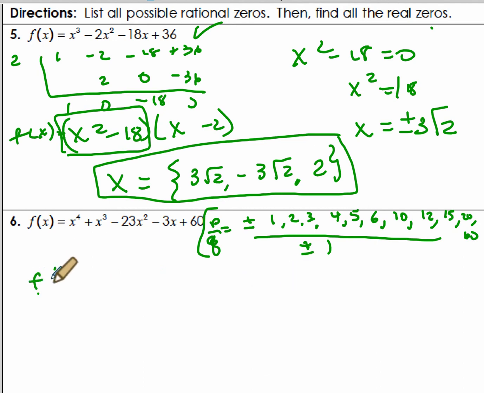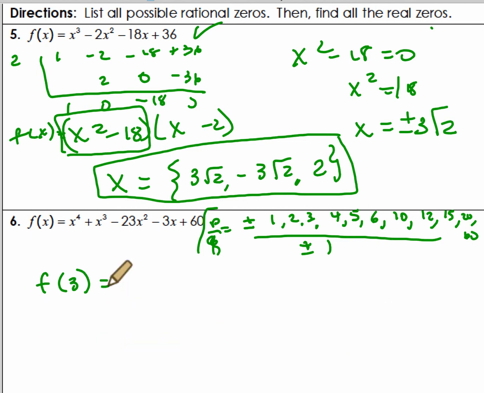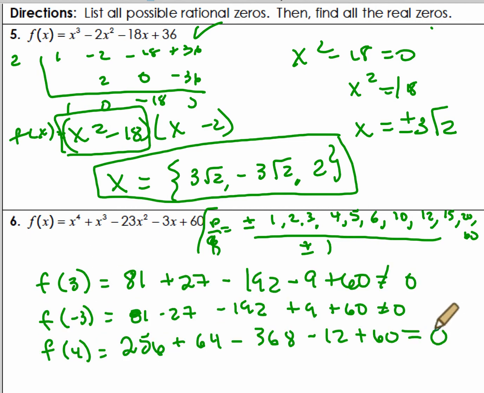So now I could test -1, but that doesn't work either. So now I'm going to go up. I'm not going to try the big numbers yet. So I'm trying +2, and neither does -2. So the hunt goes on. And finally, we get a bingo at 4.